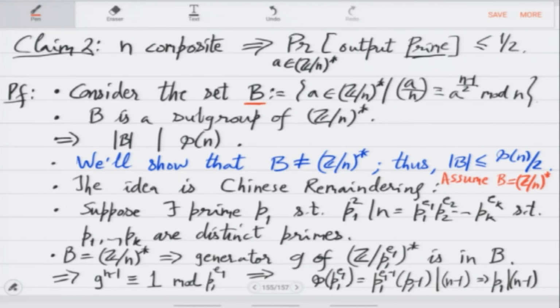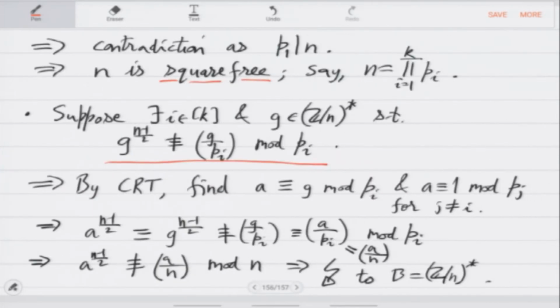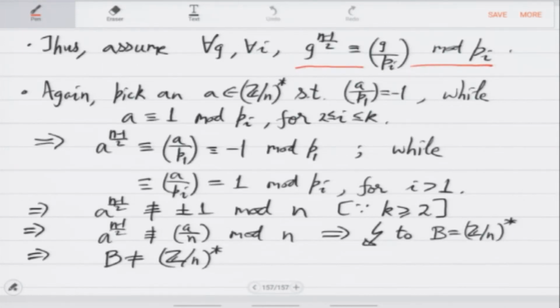We started with this assumption, and we got n to be square free, and then we actually constructed either some G or some A in these two cases. Okay, that finishes the proof.